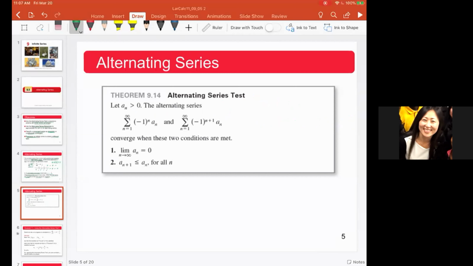Now, I cannot just use the alternating series test unless I meet two conditions. If you want to use this test, you have to have these two conditions met. The first condition says that when you take the limit as n approaches infinity, a_n goes to 0.